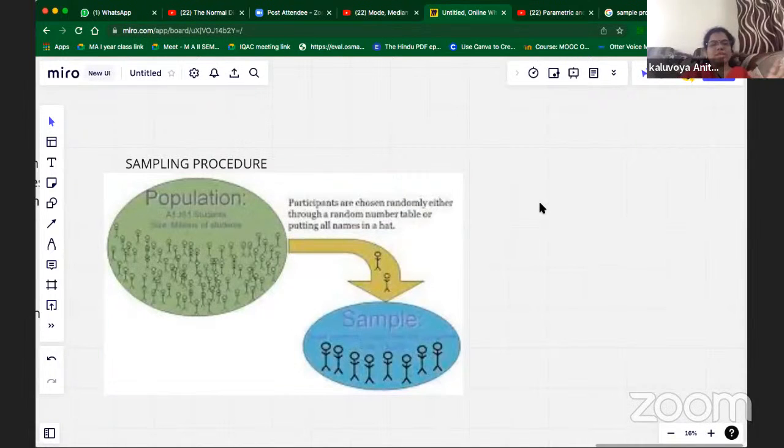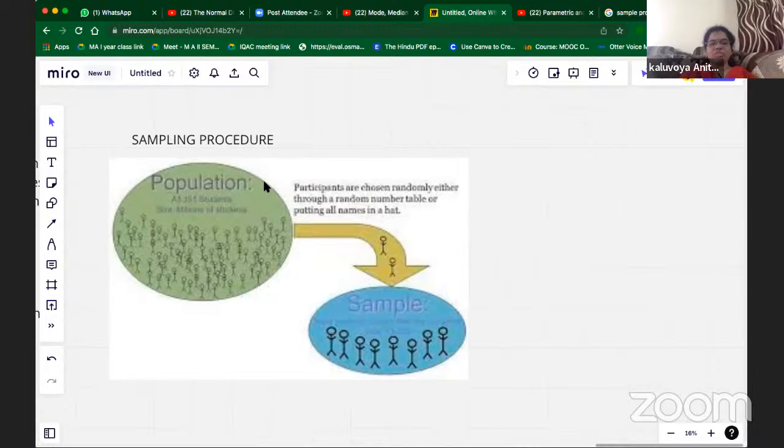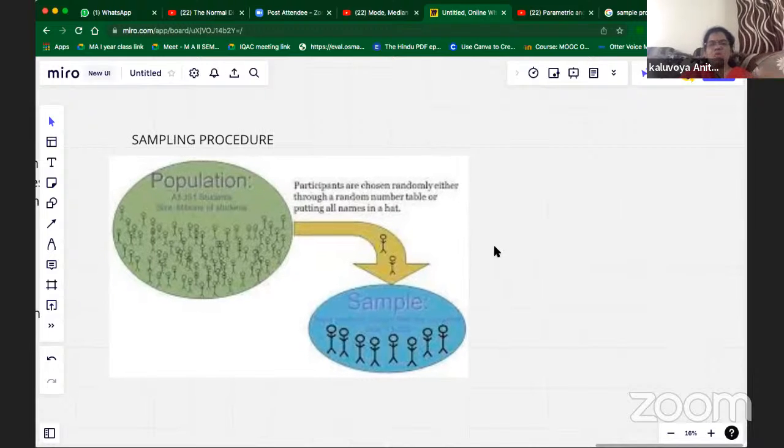Now let's understand what is a sample and then what is a population. Then you will understand what the sampling process means: what you do on the sample that you select. Population means everybody existing on the earth, specifically the people who could be taken into your study.